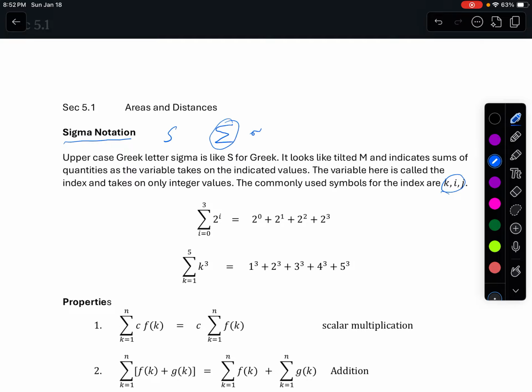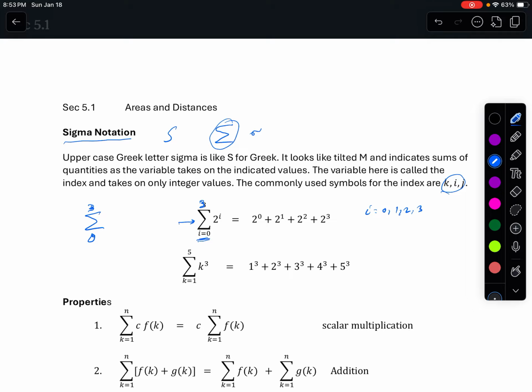So what do we mean by that? Here we have the sigma notation. Look here, I am writing i is equal to 0, and on the top I have 3. It means i is going to take on values 0, 1, 2, and 3. That's all. The top tells us the maximum, and the bottom is the minimum.